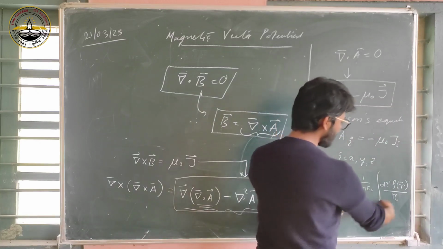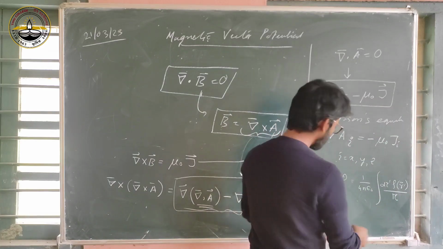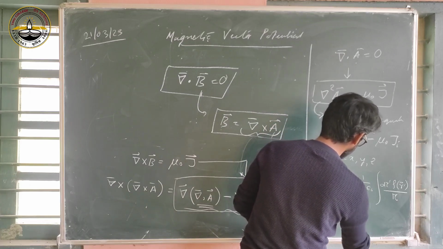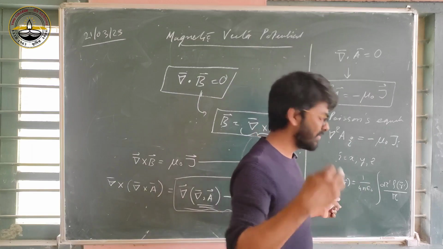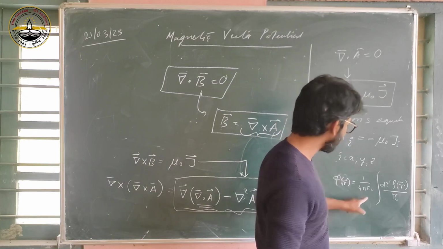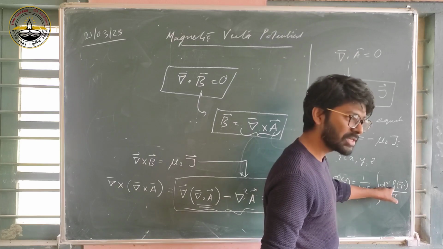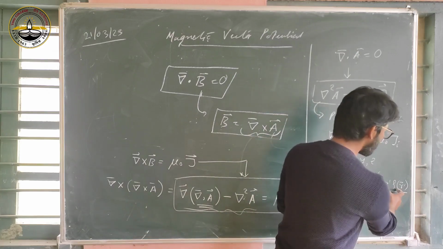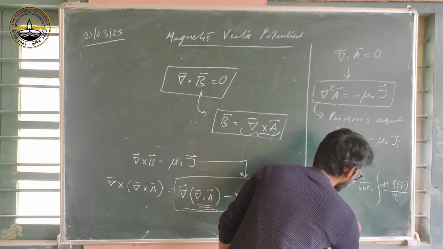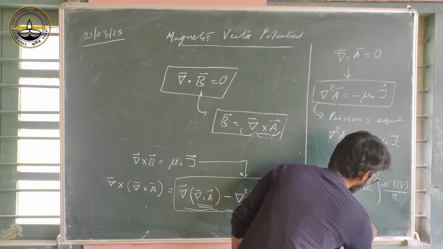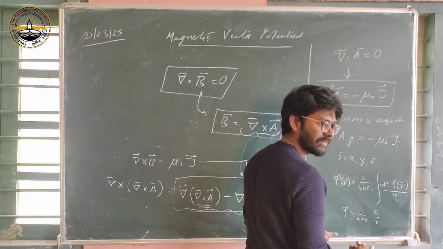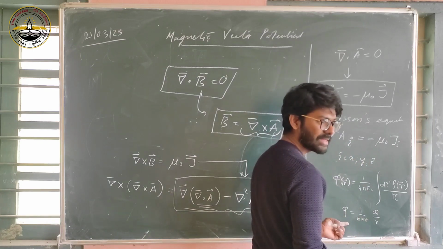This was actually the solution, and you should remember this from even your higher secondary. For example, if it was a single charge, then rho d tau is just the charge, so the potential is just 1 over 4 pi epsilon naught q over r.